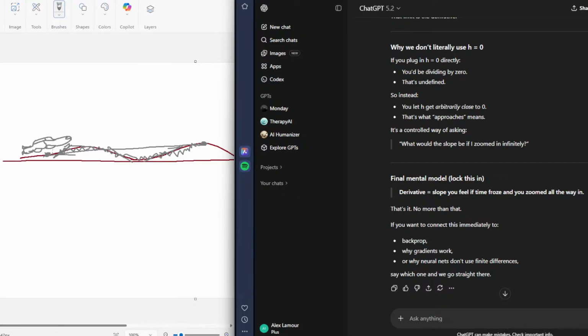So essentially, we have this graph. Okay, I see. So we have this street, right? This road. Let's do this again, actually. So we have this road, right? And say we're here, and we want to figure out what this slope is.